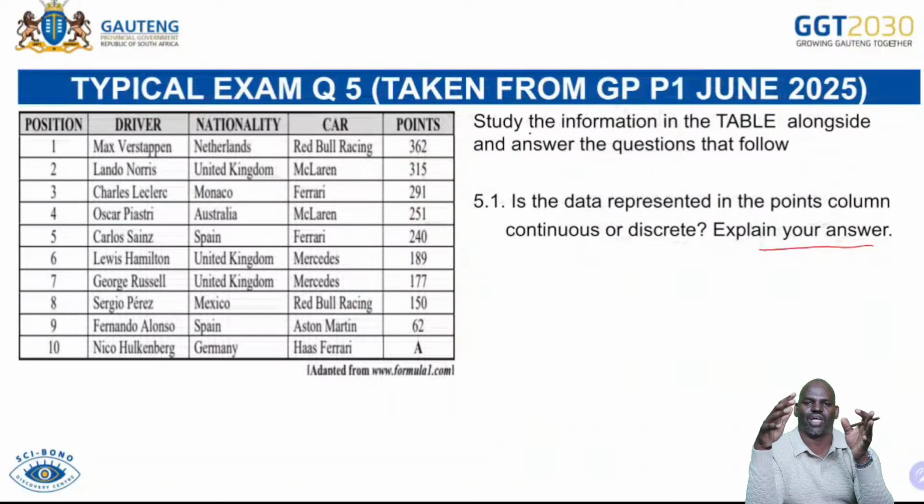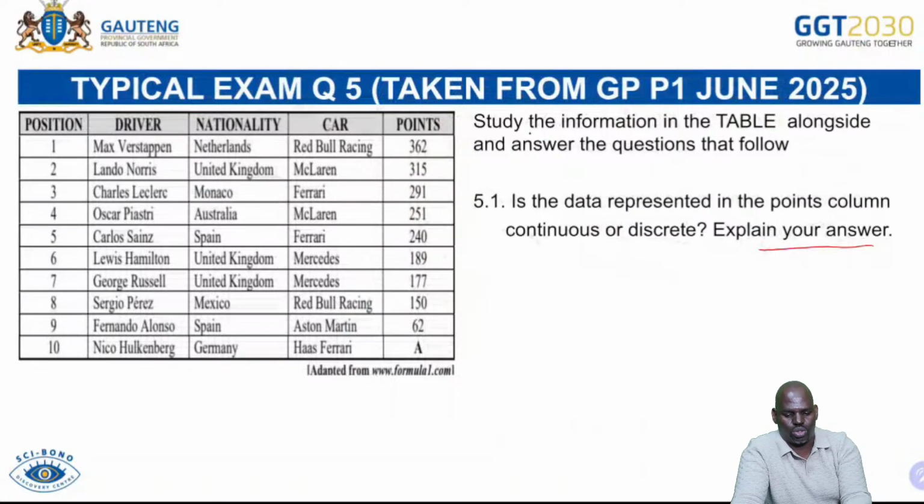If you measure anything, you can either get a decimal value or a whole number. But when you count, you will never get a decimal number. So when you count, you will always get a whole number. So this one is whole numbers, and you can see that the points were collected by counting. So this one is discrete.